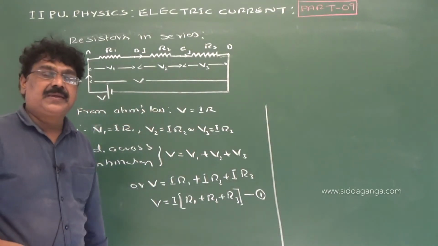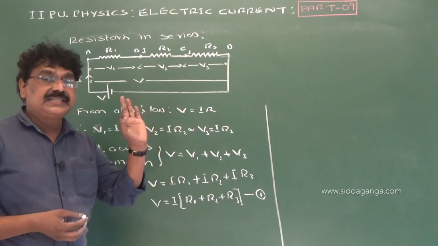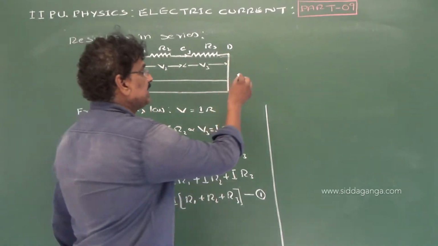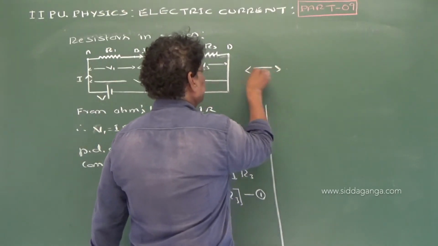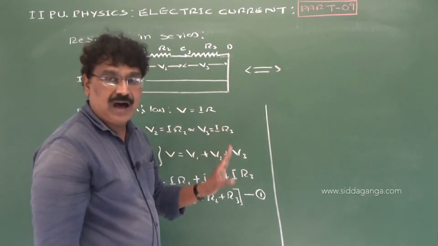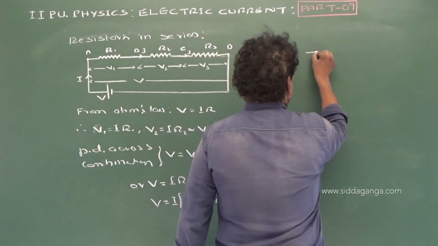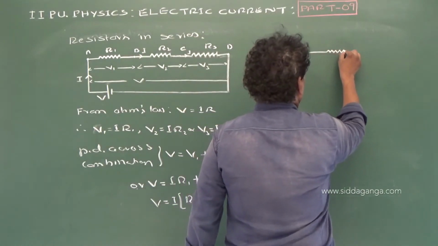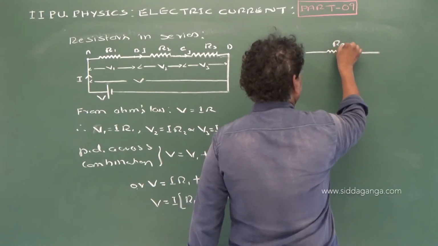Now, the combination of resistors is replaced by a single resistor. We will replace the combination of resistors R1, R2 and R3 by a single resistor of equivalent resistance.